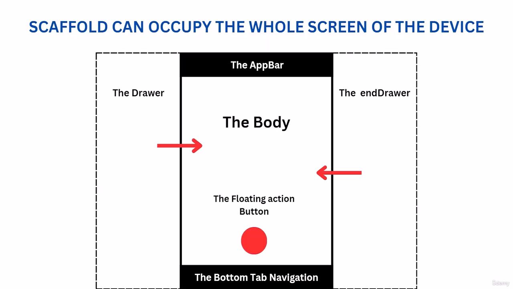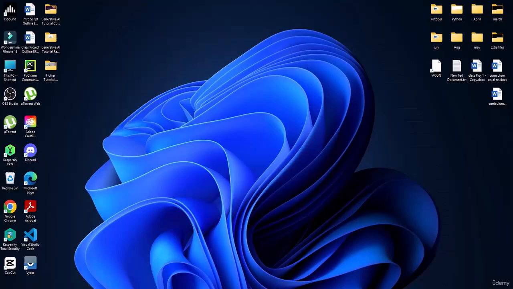The menu on the left-hand side is known as the drawer, and the pop-up menu options which pop up from the right-hand side are known as the end drawer. You can also add some other things, but these are the important things we have to include inside our scaffold or screen. Now let's do that in detail.